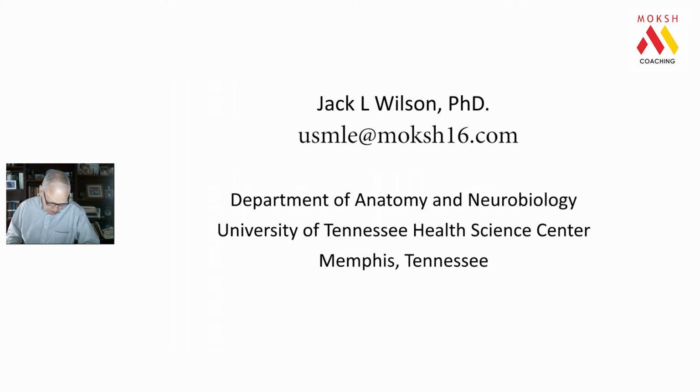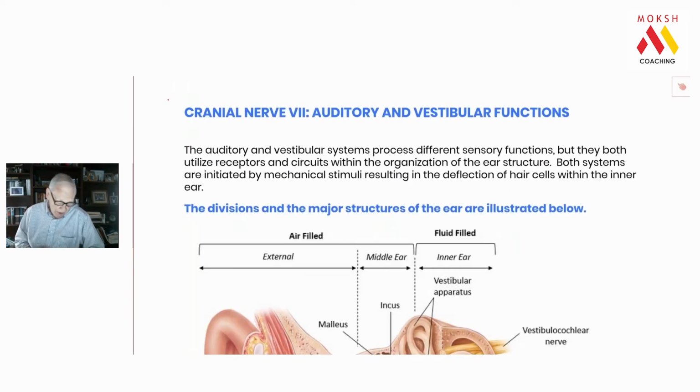All right. So for Brainstem in this period, we're moving on to a totally different subject relative to the brainstem. And that's going to be looking at some of the functions, circuitry, and structure relative to the eighth cranial nerve.